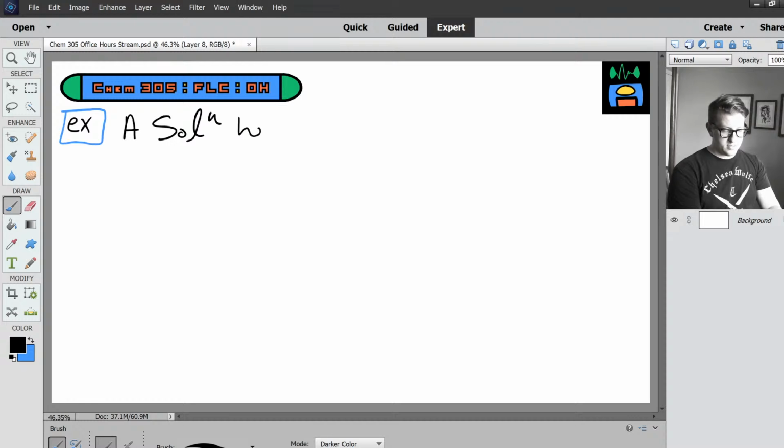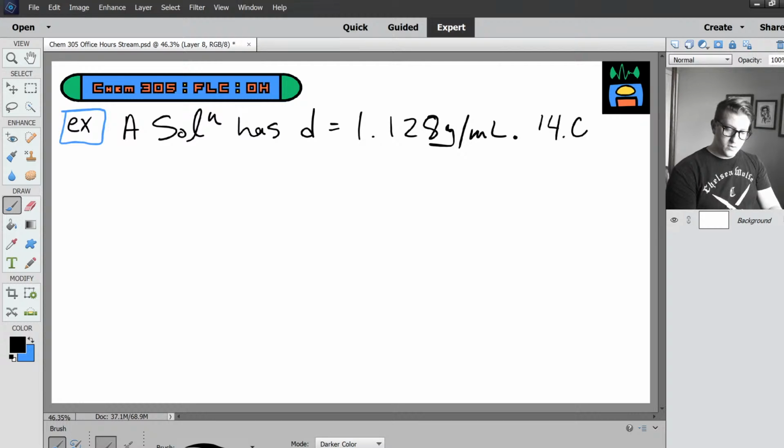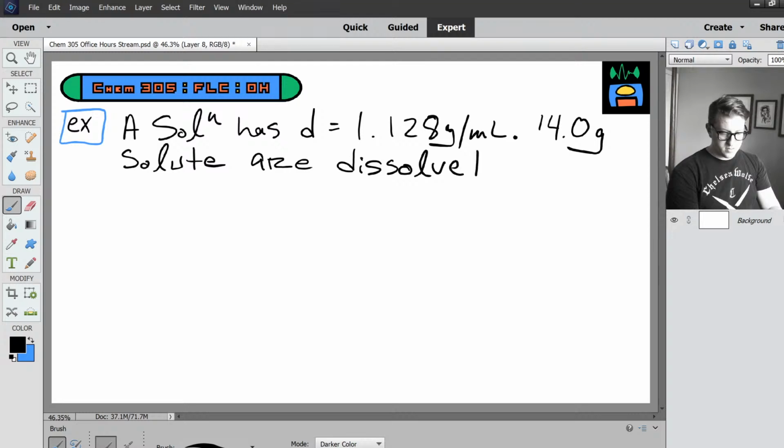A solution has a density of 1.128 grams per milliliter. 14.0 grams of solute are dissolved in 78.5 grams of solvent.